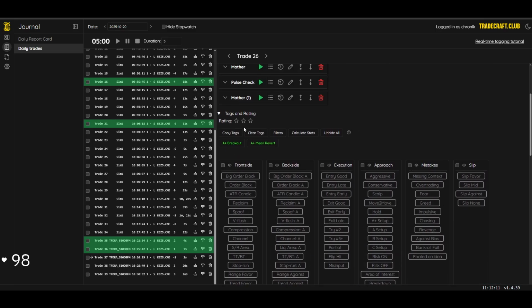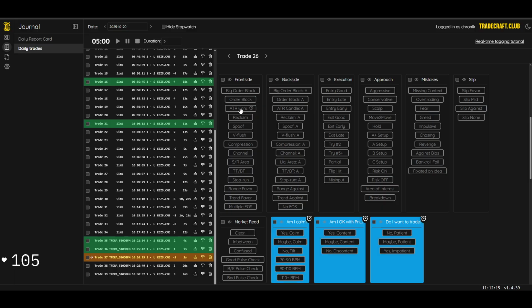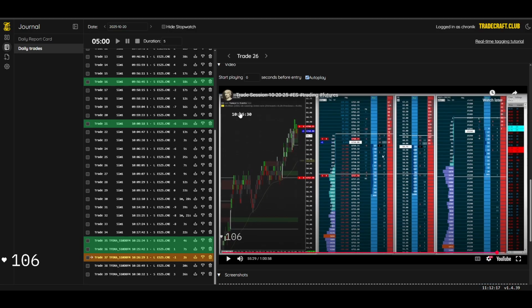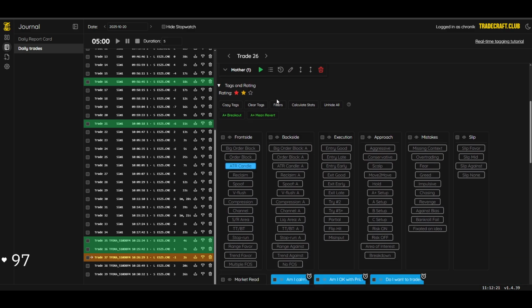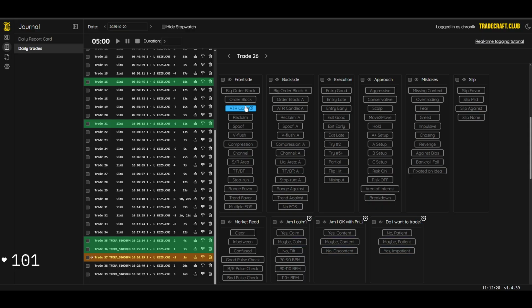This will be a yellow star. We had good ATR candle. I should actually be specifying. ATR candle might actually end up in the execution tab. Let me think about this. So there's ATR green above, ATR green below.